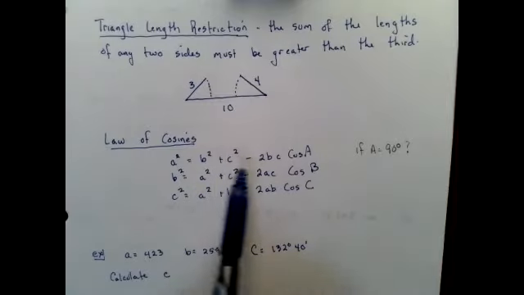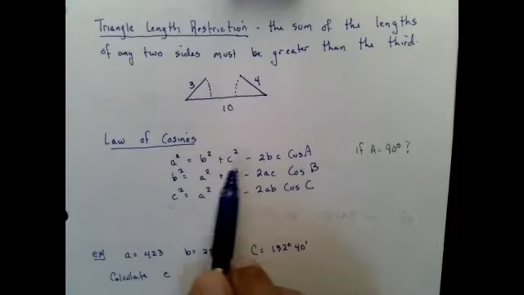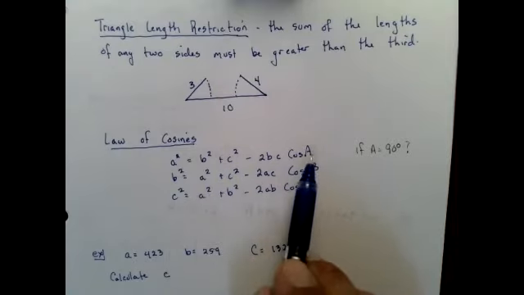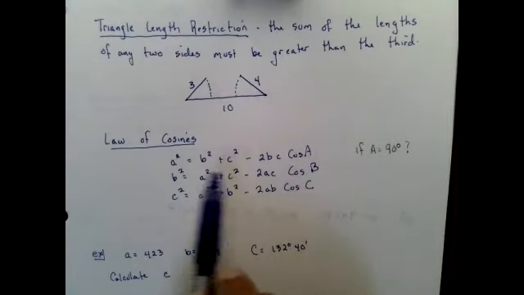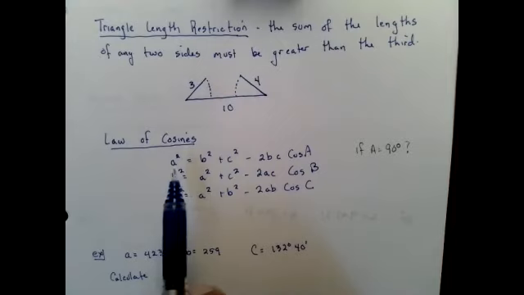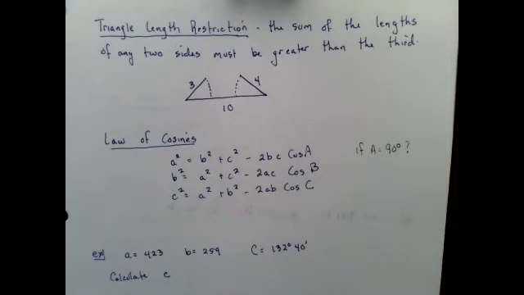In fact, in order to do this, you can see I need either 3 sides, like if I'm given A, B, and C, I can find A. Or if I'm given an angle and 2 sides, like B and C, I could find A. Or if I was given A and B, I could calculate C. So, given certain pieces, I can complete the triangle.